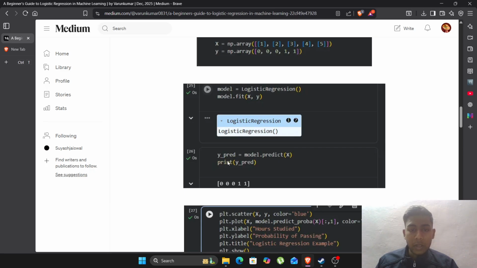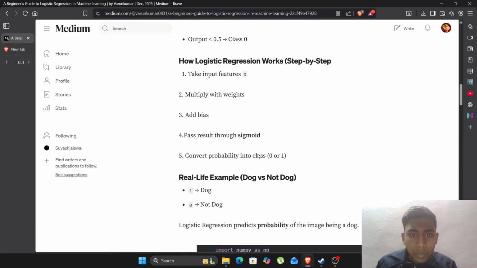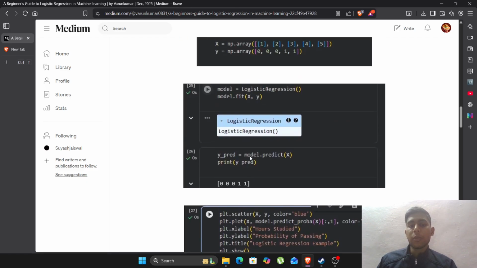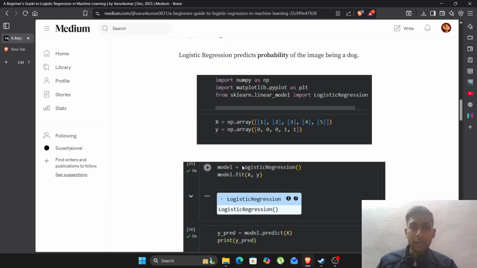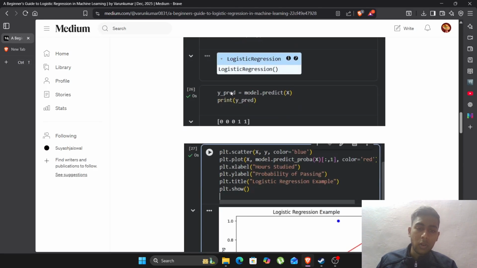And y_prediction equals model.predict, print y_prediction. Here the model has predicted dog and not dog, like we have discussed here. We are considering 1 as dog and 0 as not dog.